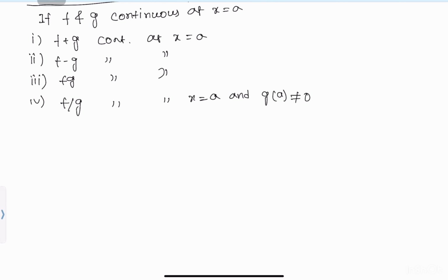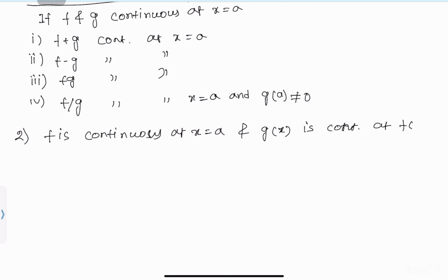Assume f is continuous. Second case: f is continuous at x equal to a, and g is continuous at f of a.